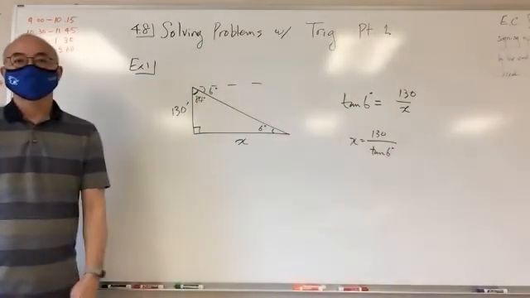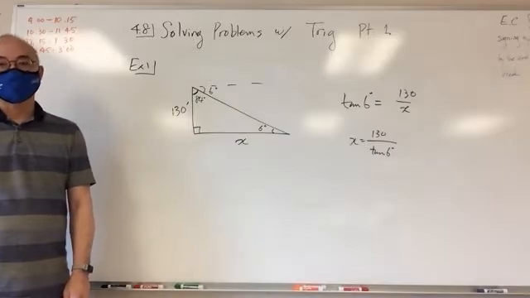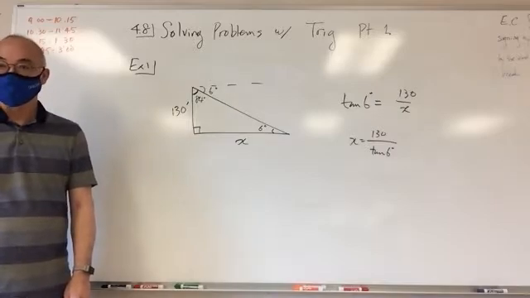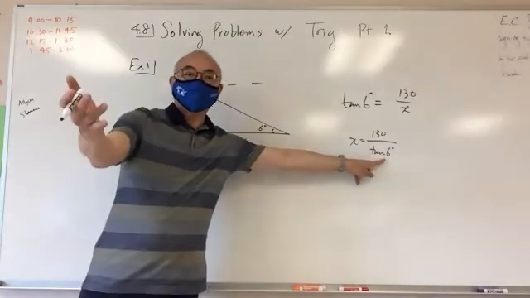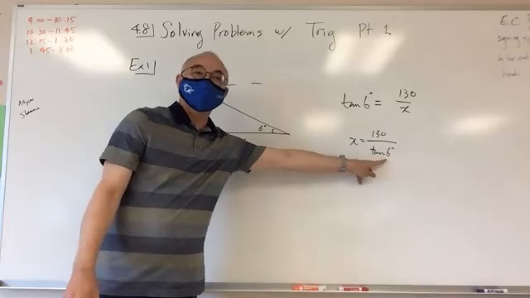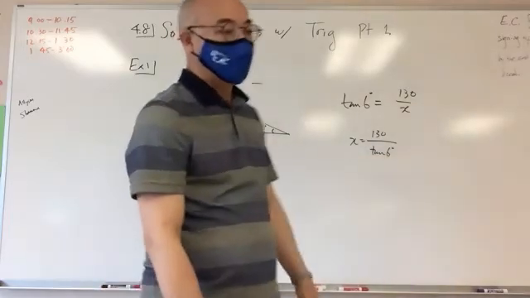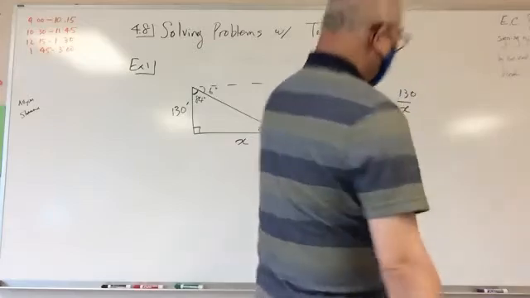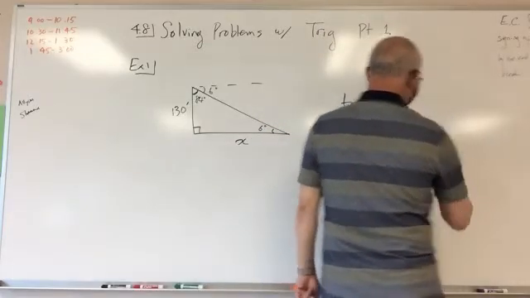A word of caution here: make sure your calculator is in degrees, not radians, because it's 6 degrees. You should be able to just calculate that out, and it's going to be 1236.9 according to the book.